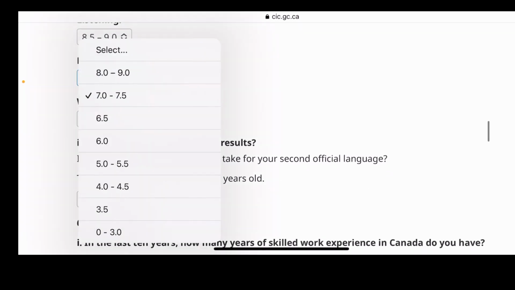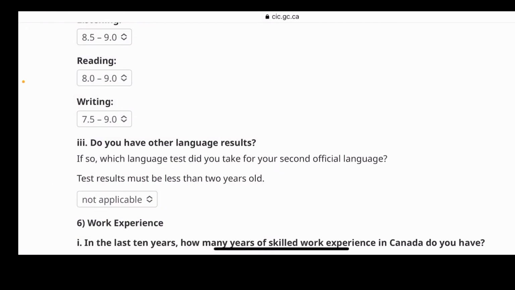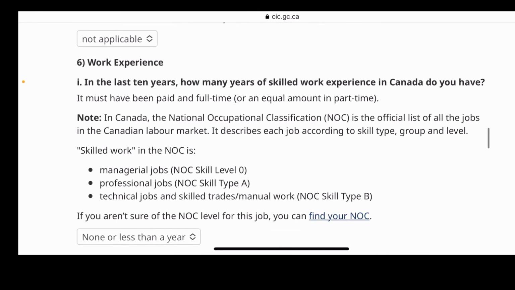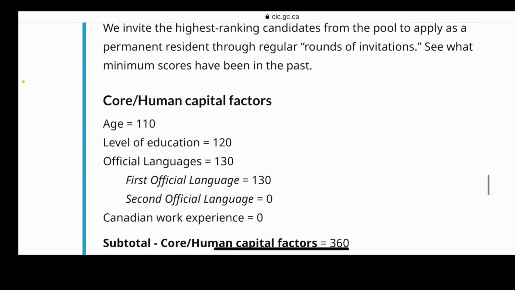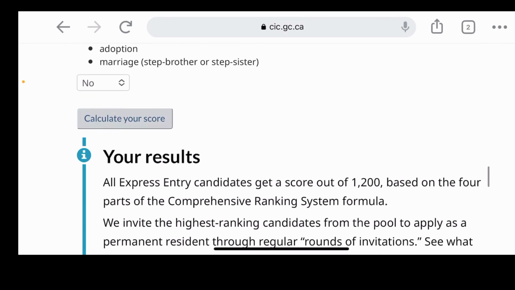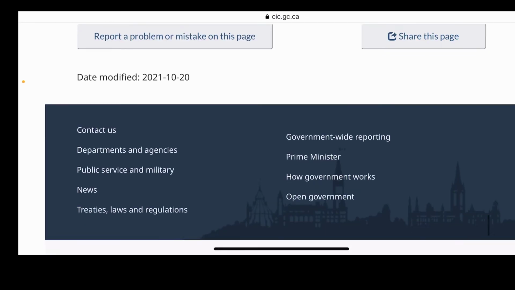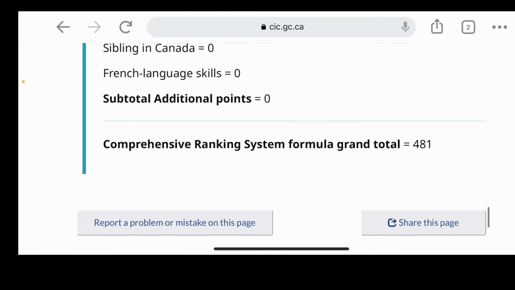For reading, say Tola has between 8.0 and 9.0, and for writing, she also has the highest band. Now let us see the effect of that on Tola's score. So now we can see that Tola has a cumulative score of about 481, which is still not sufficient at this time, with the cutoff mark of 542.